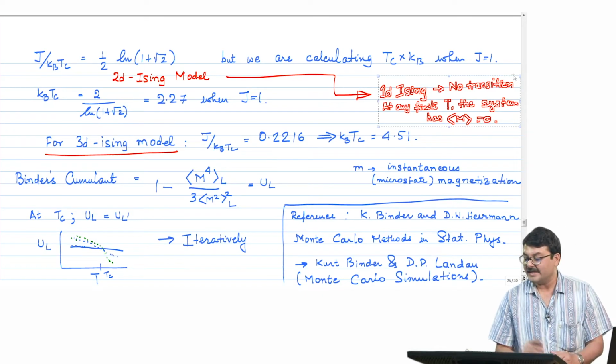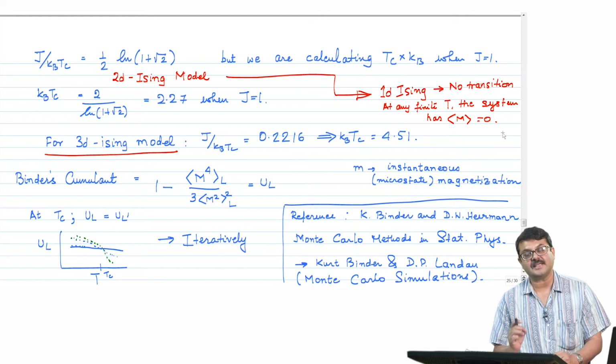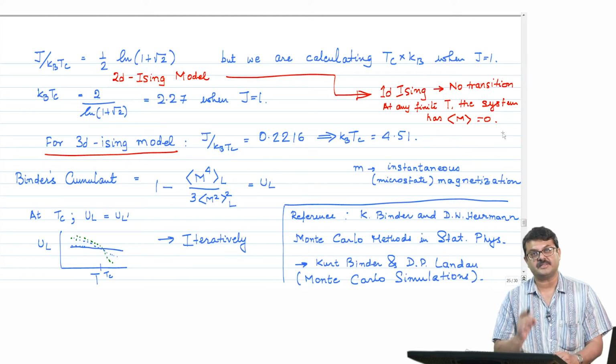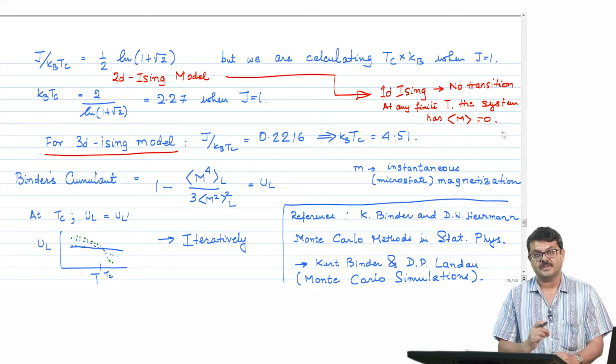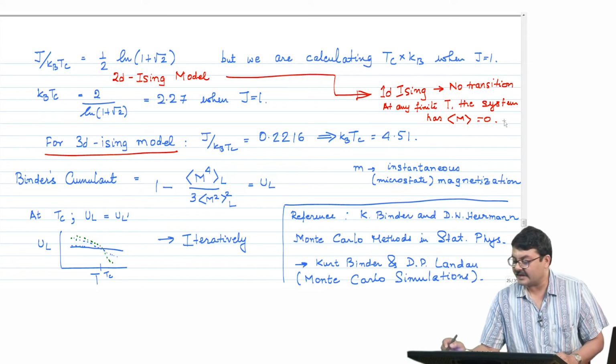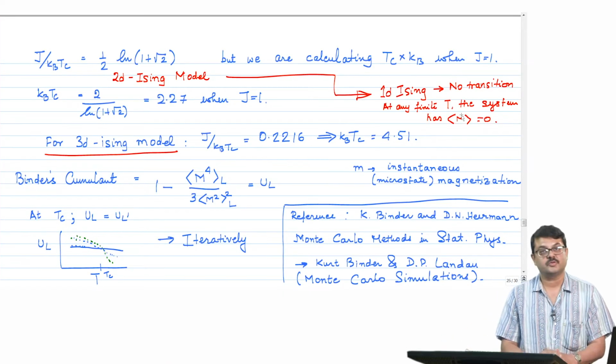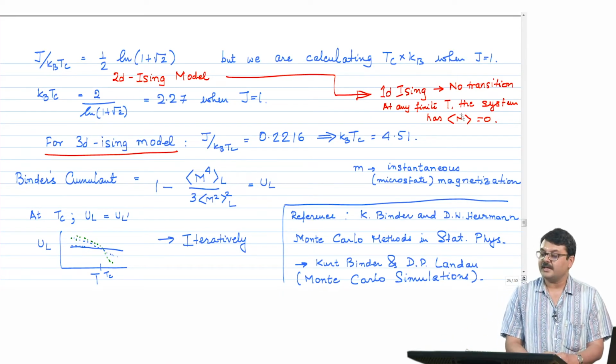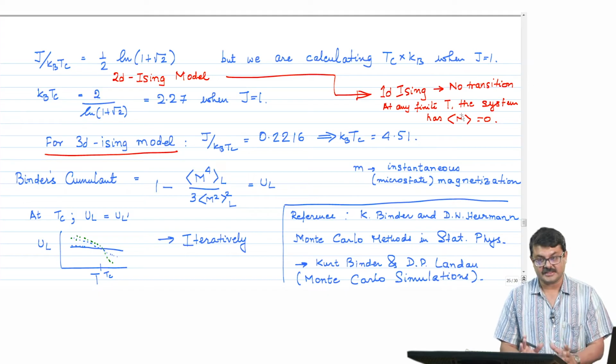What does it mean? It means that as soon as there is any finite value of temperature, the tiniest value T going very close to 0, there is no order in the system, that is, the average magnetization goes to 0, right. So, there is no transition.